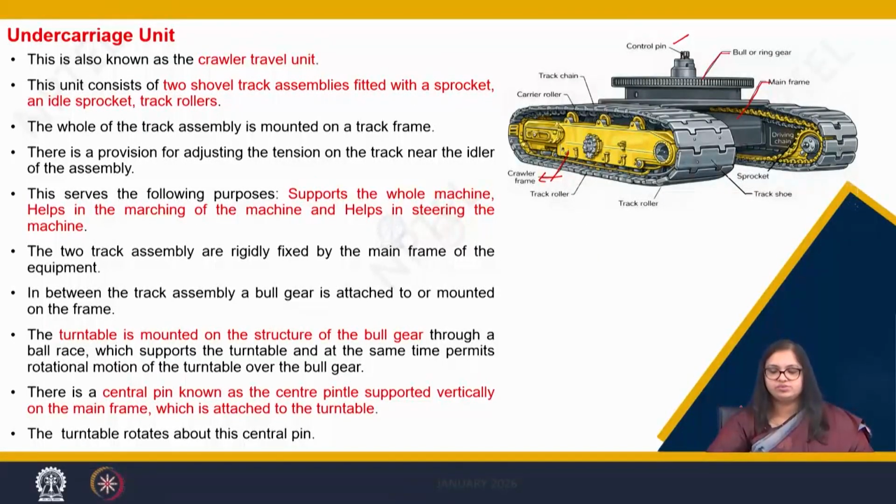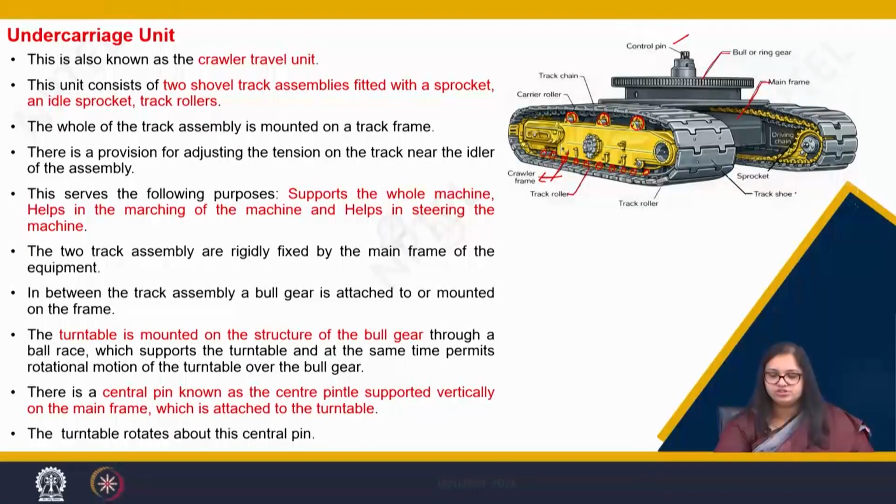So, on both sides we have a crawler frame, and on the top of the crawler frame, these are the carrier rollers, you can see. Here there are multiple rollers which we call the carrier rollers. At the bottom we have the track rollers, which completely move throughout the crawler frame.